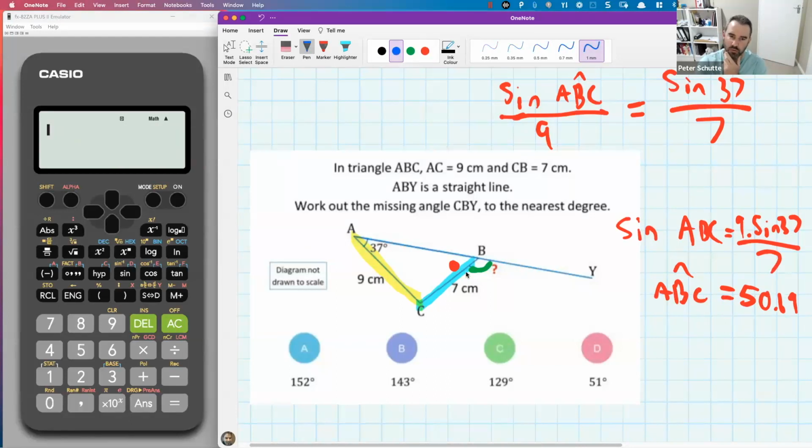And then to work out what this is, angles on a straight line, which makes me think that CBY should be 180 minus this.